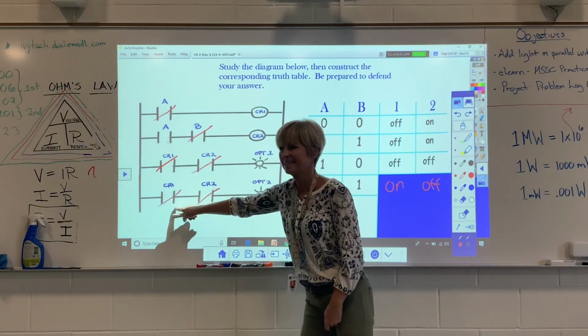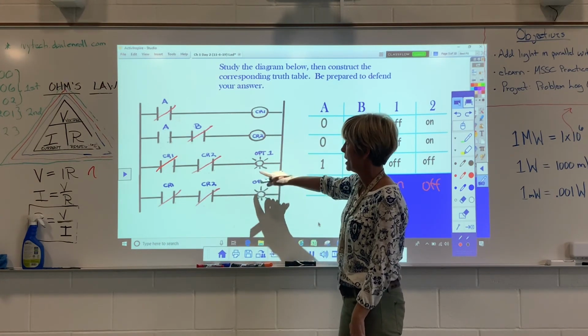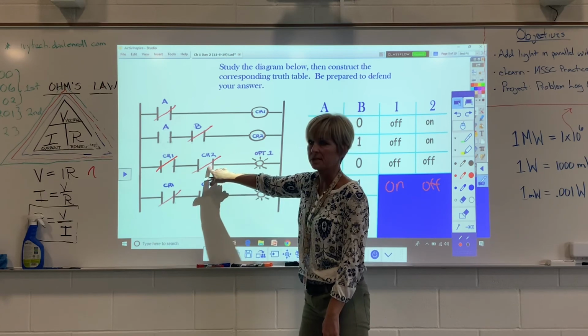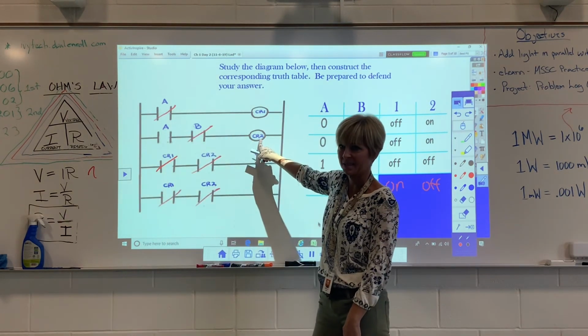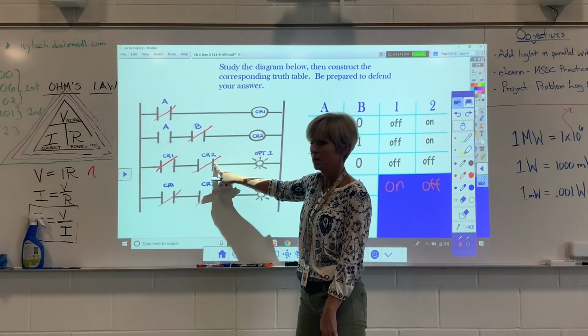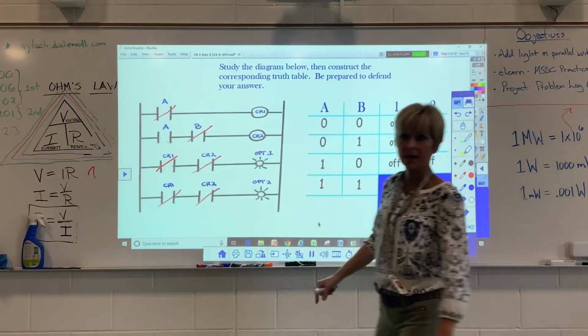But it also means this is gonna open. So that means this will come on. And just to be clear, why does this stay closed? Because if all we do is change both of these, it doesn't change the status of this. So this stays closed. So this one will come on, but this one will go off. Everybody okay with that? Yep.